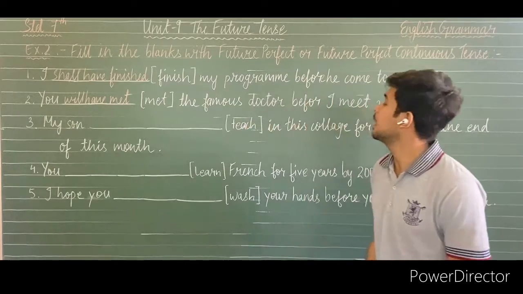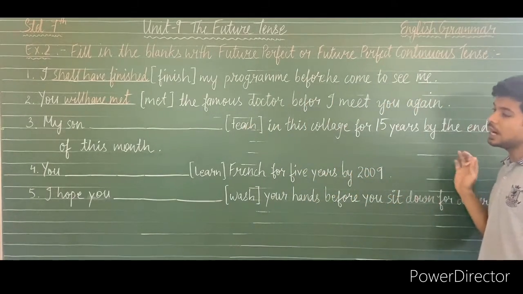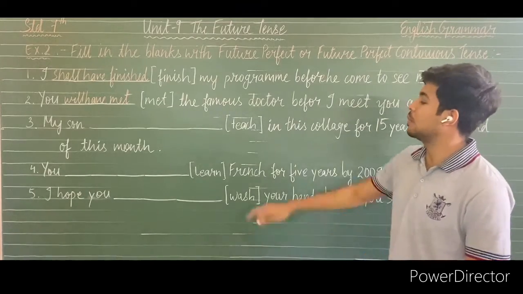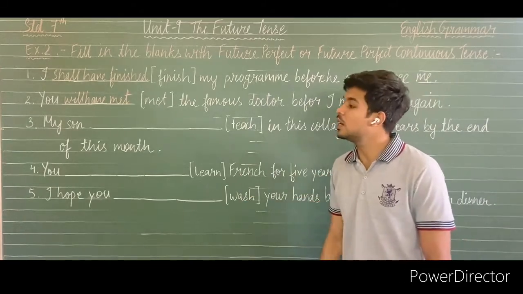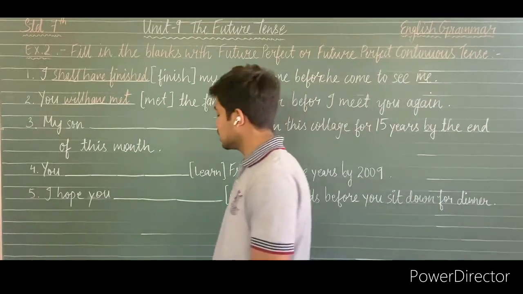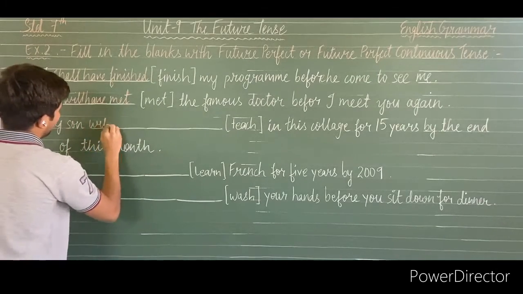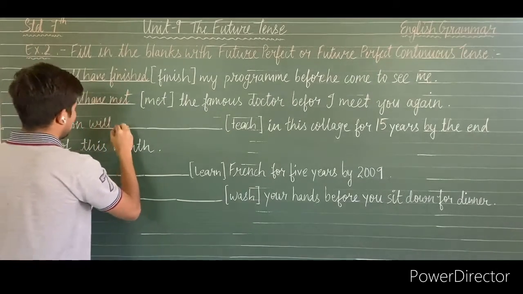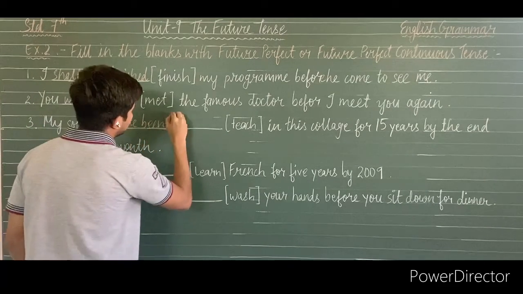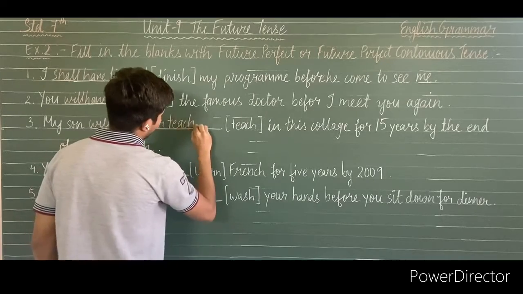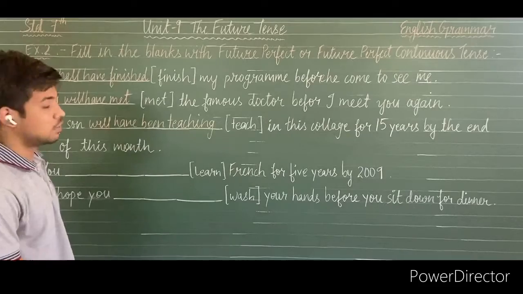Third, my son blank in this college for 15 years by the end of this month. So in bracket we are having the verb teach. So we'll write it down like my son will have been teaching, the continuous form of the verb.